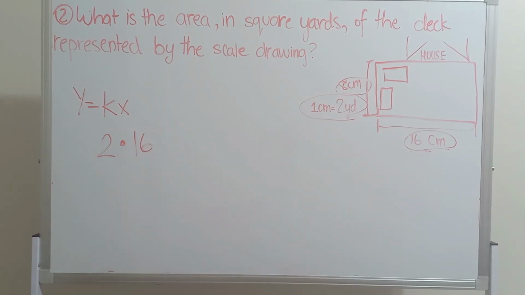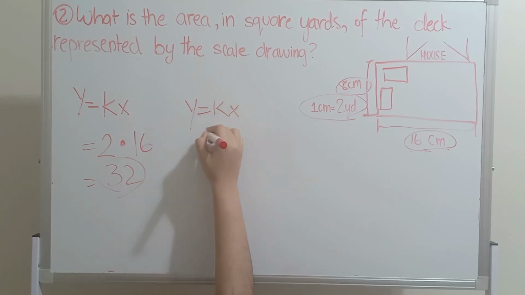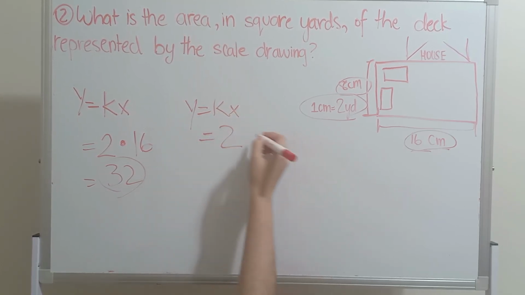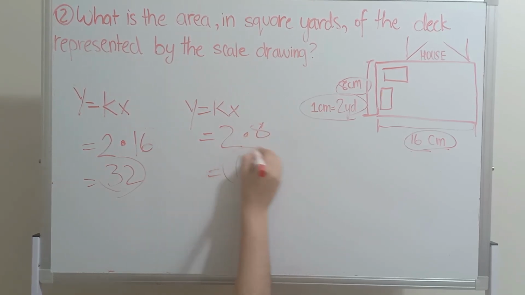We multiply by 16, because we first convert 16 into yards, and then we can do it for the 8 centimeters. So it's going to be 32 yards. Then we use the same equation. y equals kx equals 2 times 8, which gives us 16.